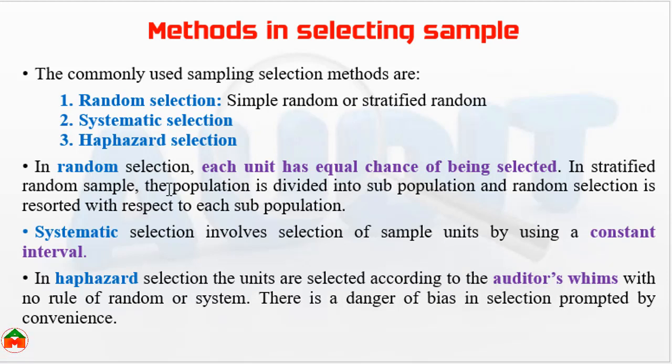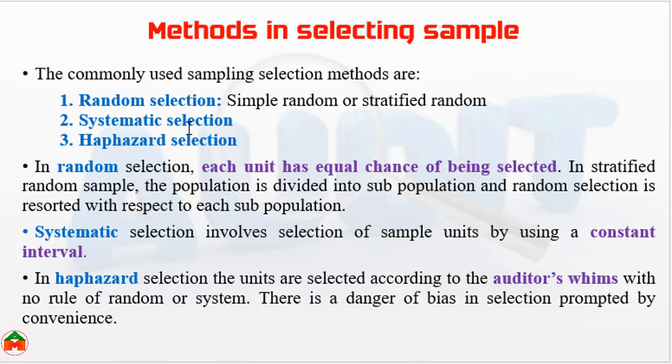In random selection, each unit has equal chance of being selected. From the population, each transaction or each account has equal chance of being selected for examination by the auditor. In stratified random sample, the population is divided into sub-population and random selection is resorted with respect to each sub-population.